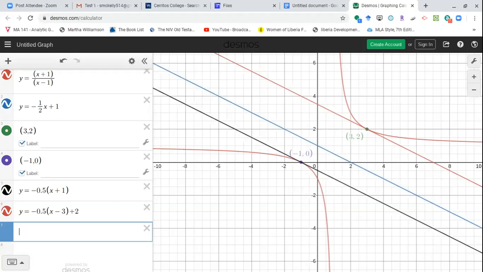I could have failed this test because of that one problem. Then he ended up saying there was an error on it and he was going to give us full credit. So I was like, okay, if I get stuck, I'm just going to circle it and move on, because I don't want to get stuck.